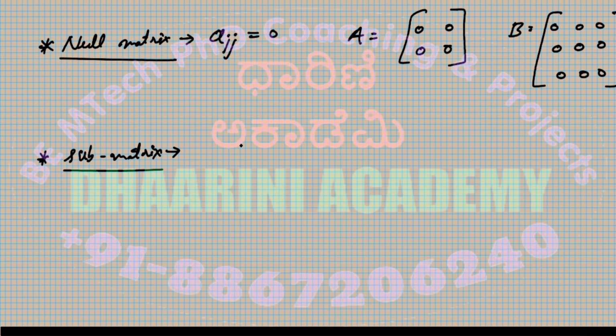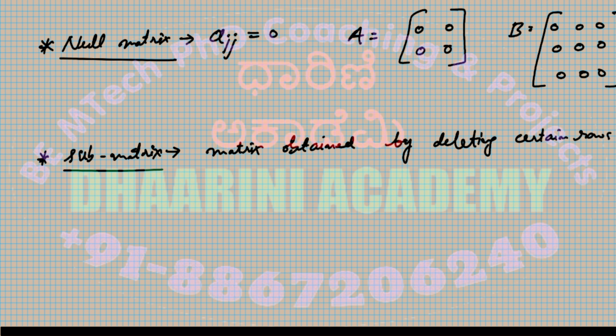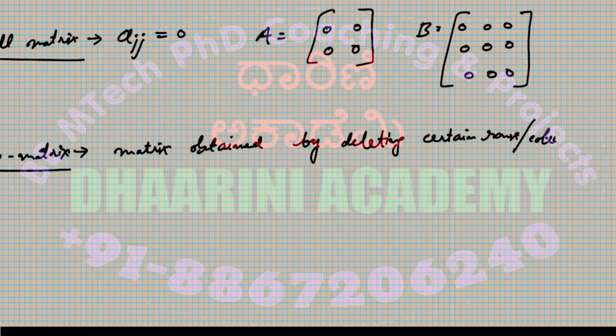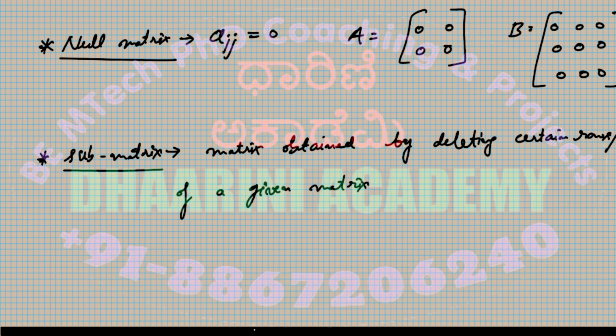So any matrix that is obtained by deleting certain rows or columns of a given matrix, right? So they are called submatrices.